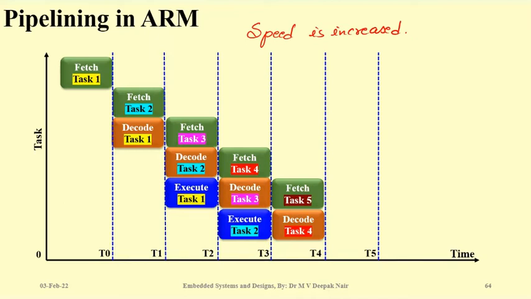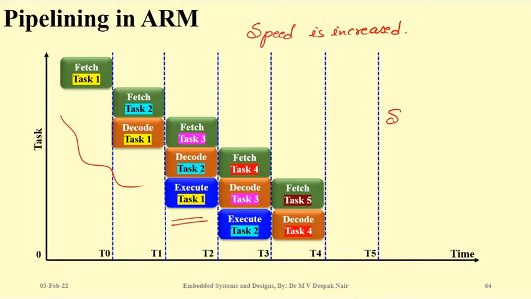Apart from that, one more important thing: in the beginning, in this region, the pipeline and non-pipeline systems have almost the same efficiency. The efficiency increases when the pipelining reaches its maximum. For example, if someone asks you, what is the size of pipelining in this particular system, or how many stages are there in this pipeline? Anyone?